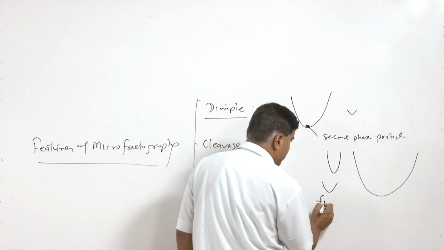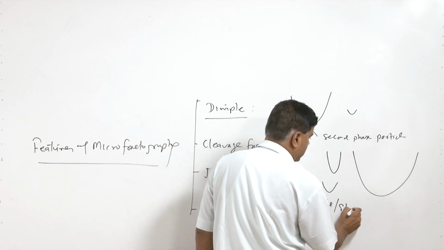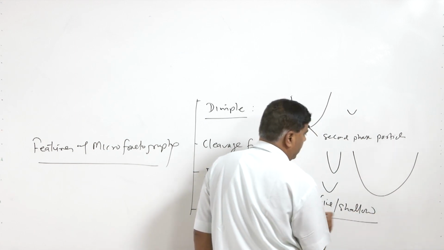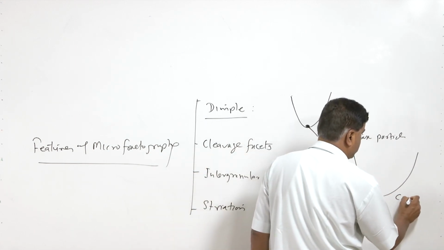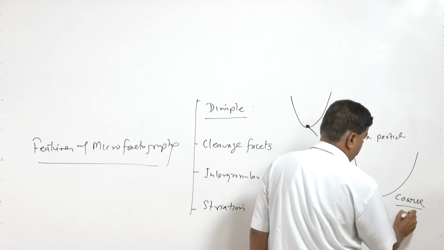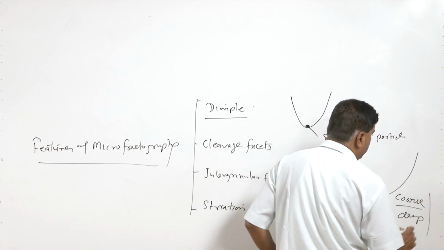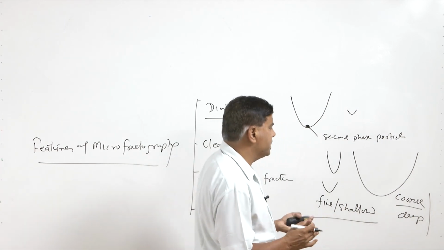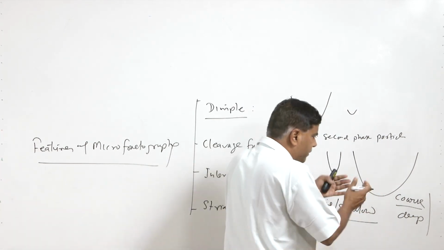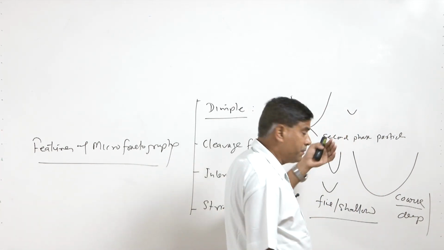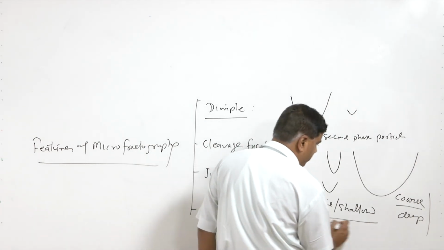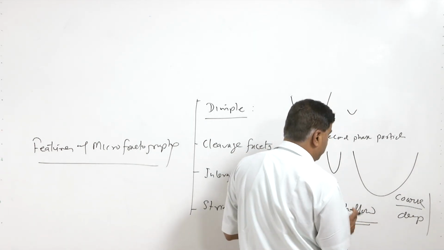So, basically fine and shallow dimples, or coarse and very deep dimples. If coarse and deep dimples are there, then it will indicate very extensive plastic deformation as compared to the case when the dimples are fine and shallow.